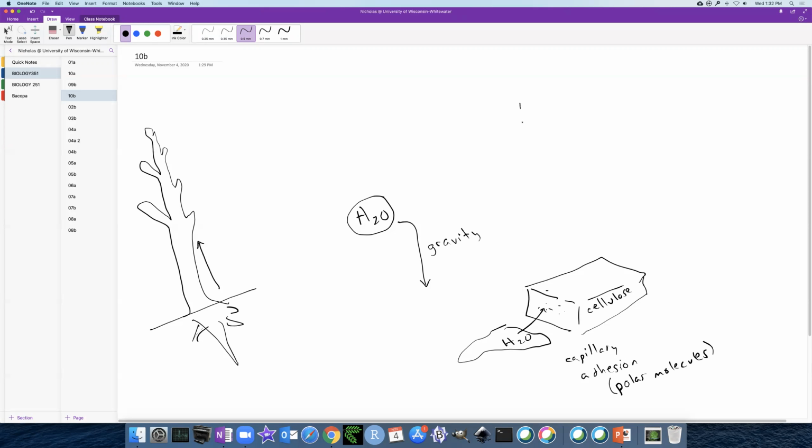Another property that affects water pressure, you might have done this in your introductory biology class. If you put a cell or a membrane enclosed salty solution into water that's not very salty, then the water is drawn into that saltier solution because of the relative concentration.